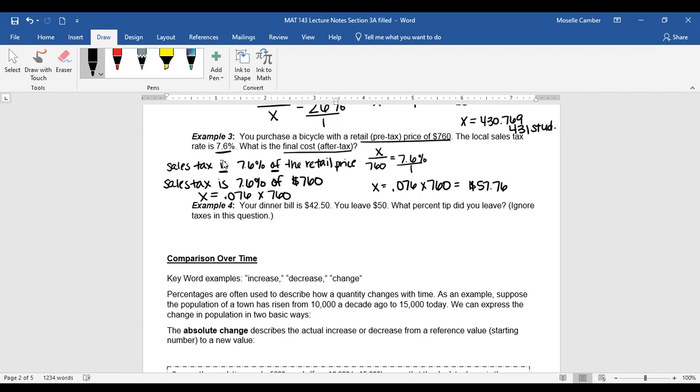Now, we're not done yet because they're asking for the final cost and not just the sales tax amount. So to get the final cost, we're going to take your pre-tax amount, your 760, and add on what you have to pay for taxes. So 760 plus 57.76 gives you a final cost of $817.76.